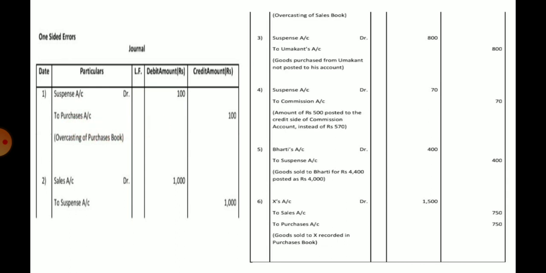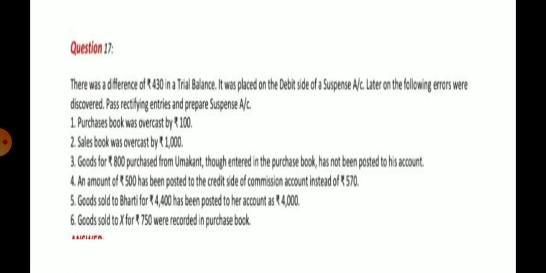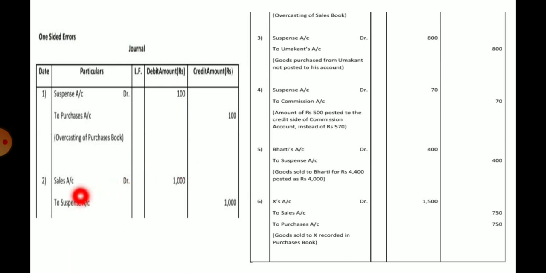Suspense to purchase account. Okay. The sales book is overcast, and when the purchase book is overcast, it is credited. But when the sales book is overcast, it is just the opposite entry. What will be the entry? See here, sales account debit to suspense. It is an inverse relation between purchase and sale. Okay, remember that.